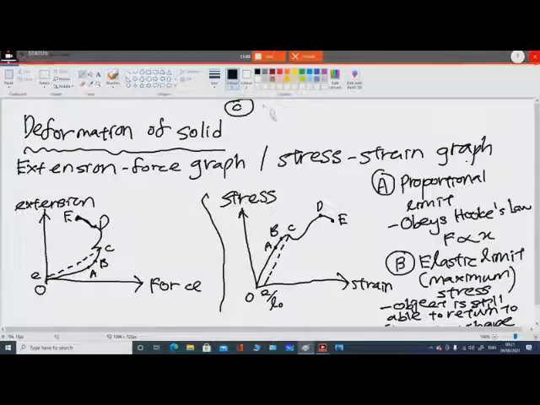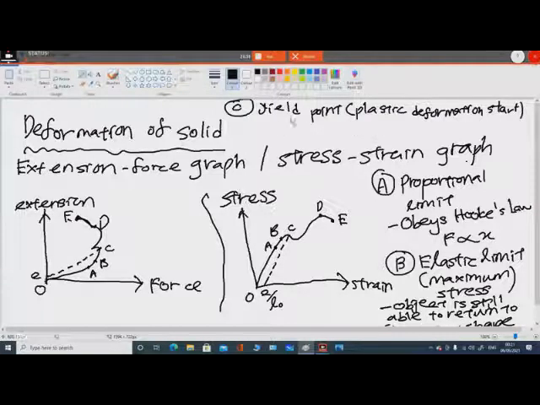So point C is the point we call the yield point. This yield point is where the plastic deformation starts.